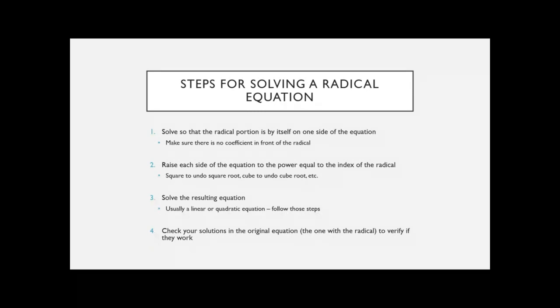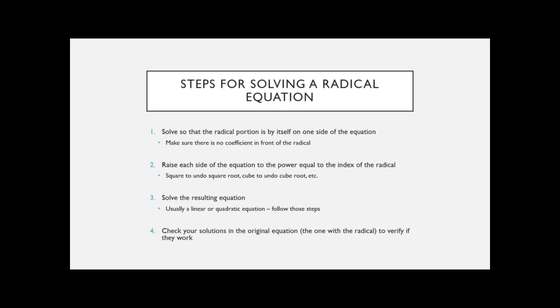So you do your adding, subtracting, and any division, and then you have your radical by itself. Then you figure out what the index is, whether a square root, cube root, or other. That's the exponent you put on both sides. A square root, you square; a cube root, you cube; a fourth root, you take to the fourth power.